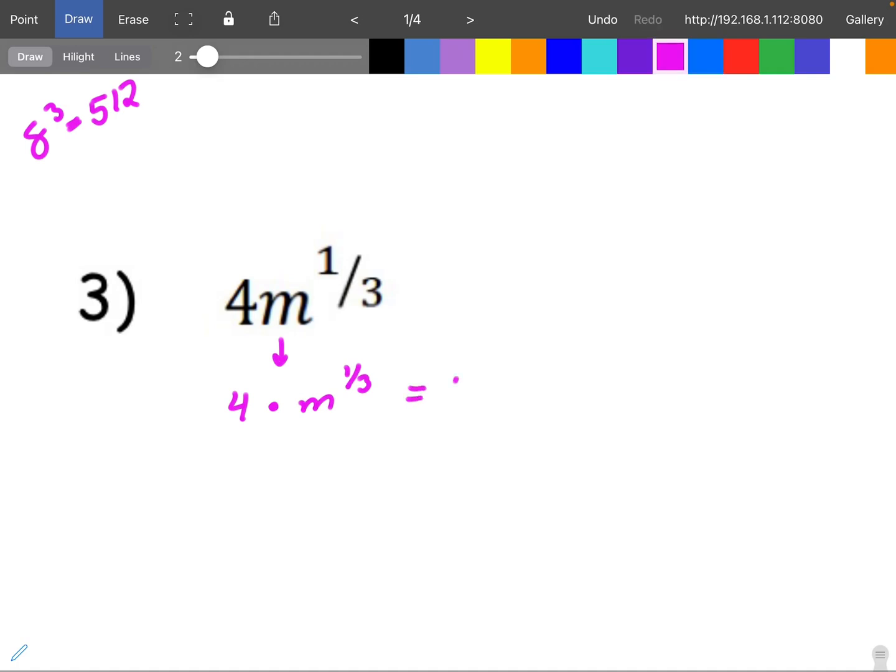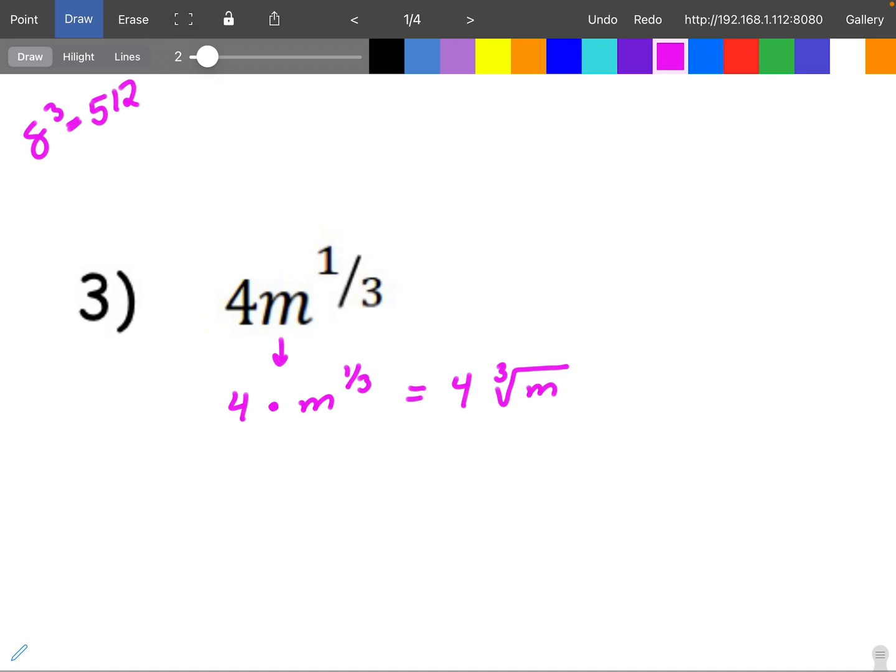So what we're going to have then is 4 times, instead of m to the 1/3 power, we're going to write that as the cube root of m. And since this is technically to the first power, well, m to the first power is still just m, which means that doesn't really do anything. It's not needed. Then since I don't know what m is, I can't take the cube root of m.